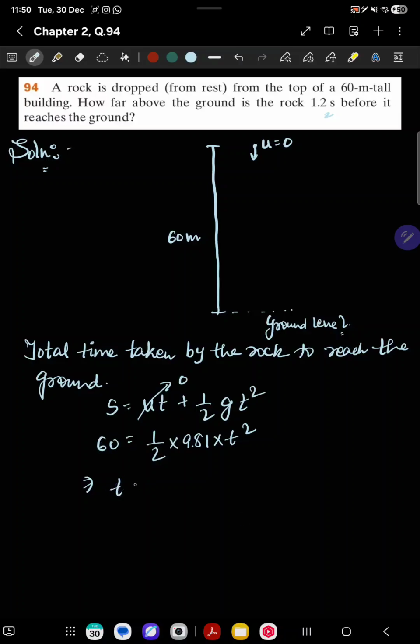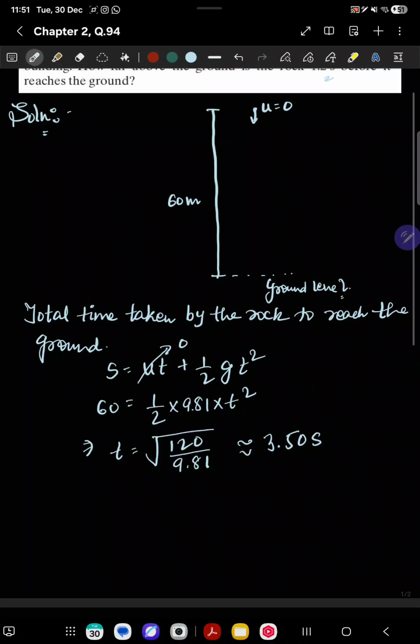So t square will give us 120 upon 9.81, so t is approximately equal to 3.50 seconds. Now we know that to travel from here to here, it will take 3.50 seconds.